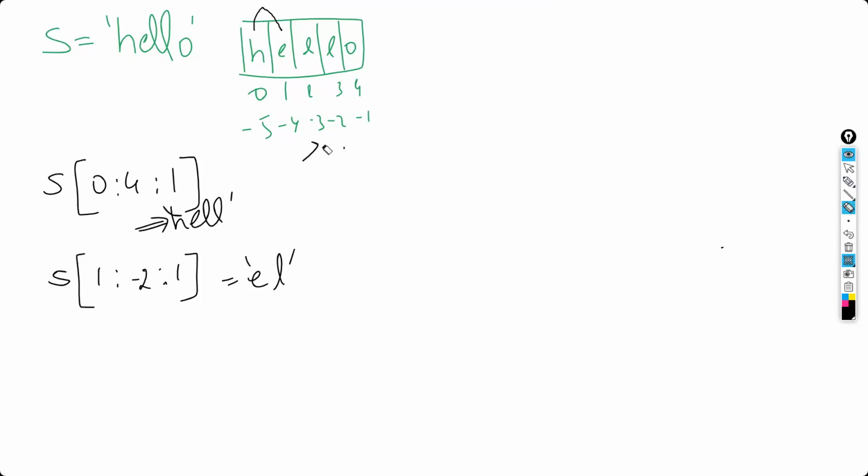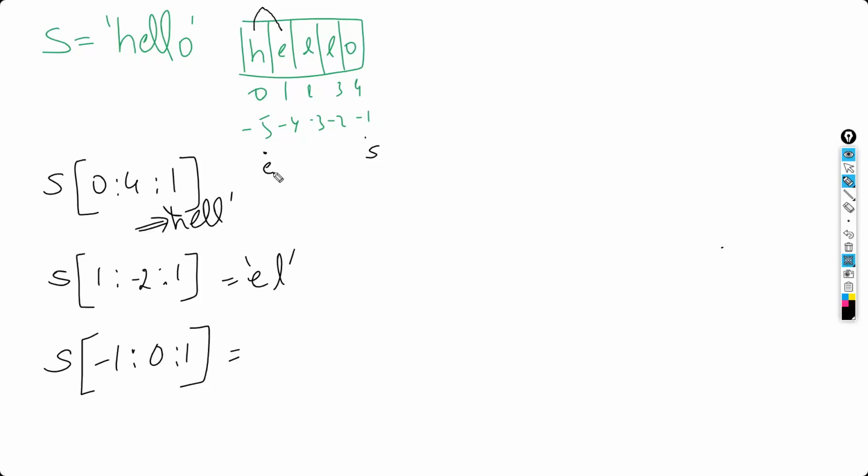Now, example number 3. Starting point is -1, ending point is 0 with the increment of 1. Now, what is the starting point? -1. Where is -1? This one, the last letter. Where is the ending point? 0, this is the ending. What is the direction?